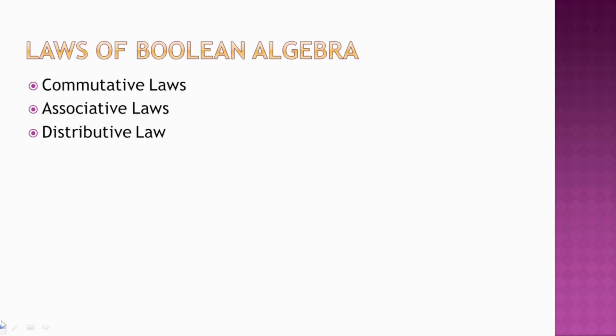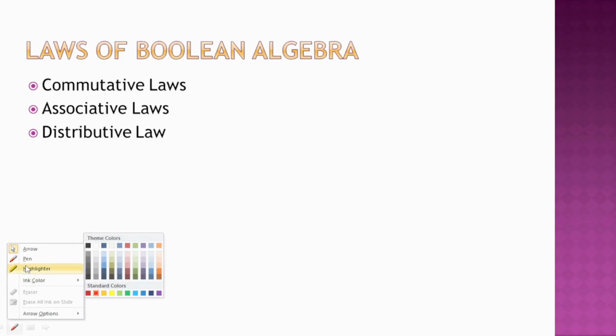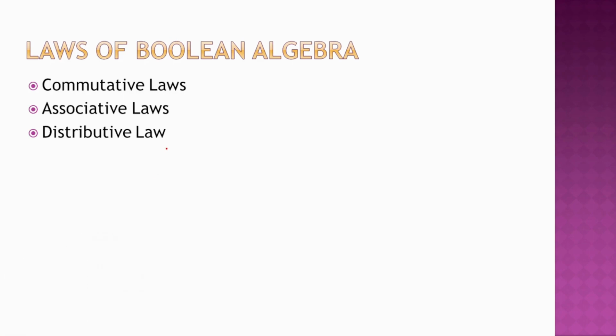In Boolean algebra, there are three important laws to reduce our equation: the commutative law, associative law, and distributive law. These are all very important laws used in our digital circuit.